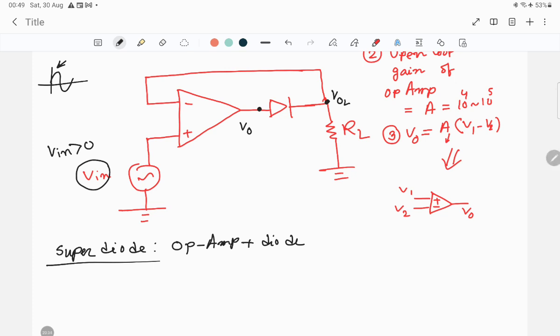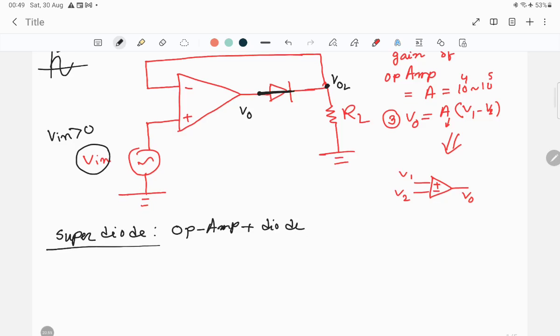Then what is the V0 value? If this diode is in the conducting mode, then there will be a voltage drop of 0.7 volt that you already know.